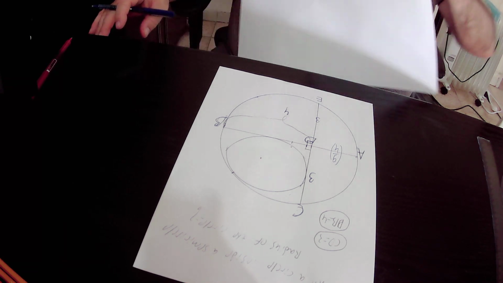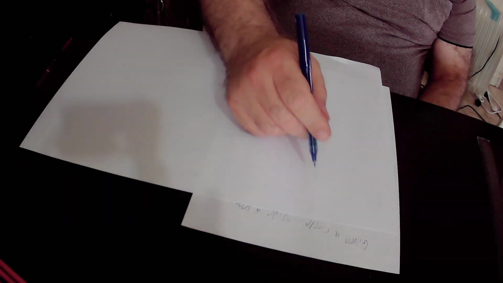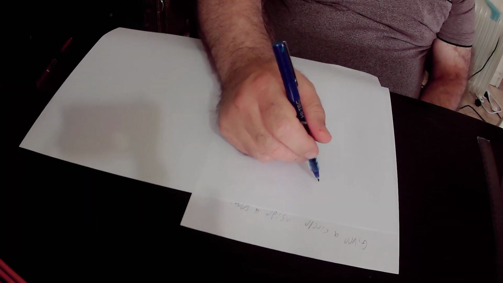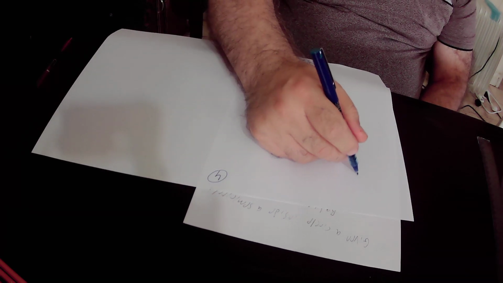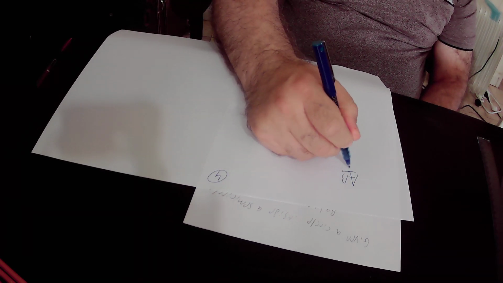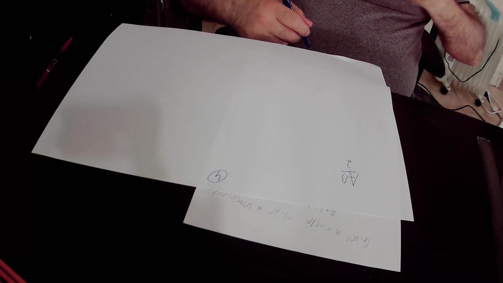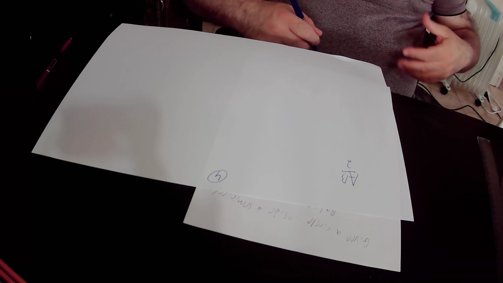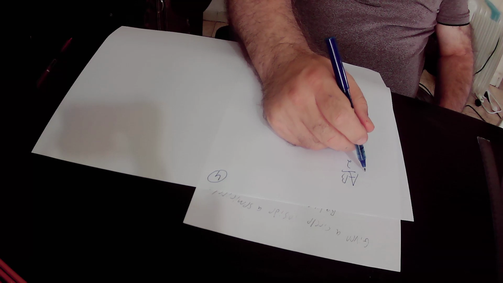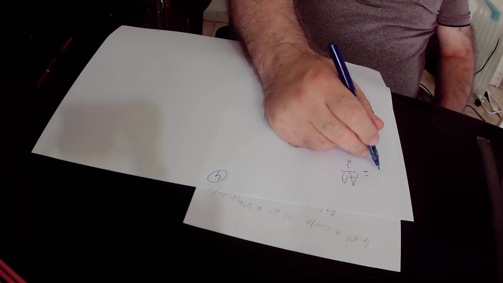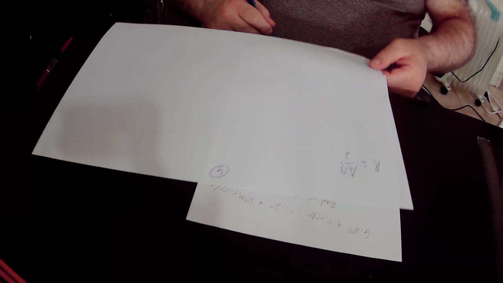So if we divide the diameter AB by 2, we get the radius of the big circle, that is also the radius of the semicircle. We define the radius of the big circle as capital R, and we get that capital R equals AB over 2. Okay?